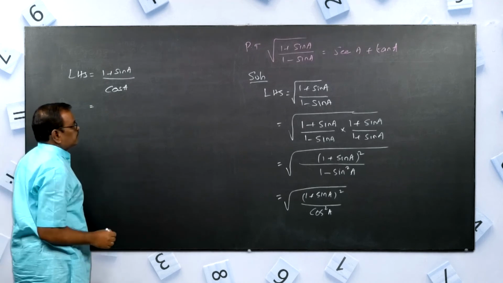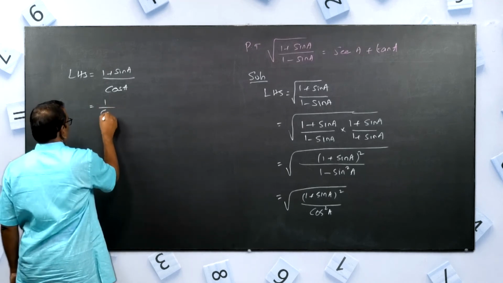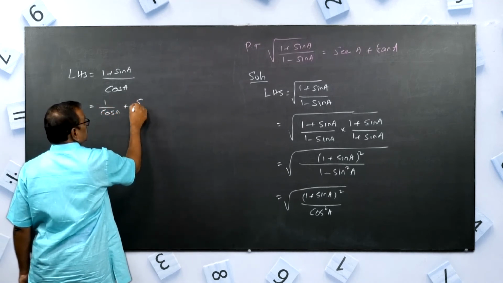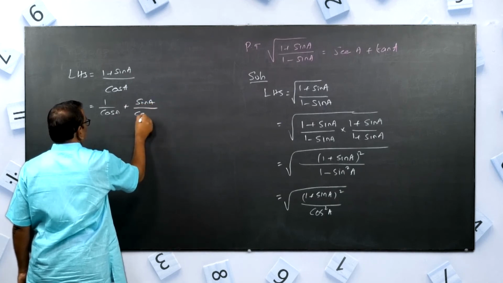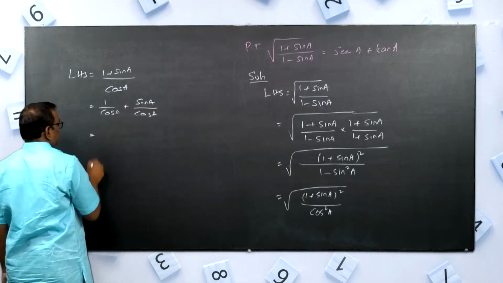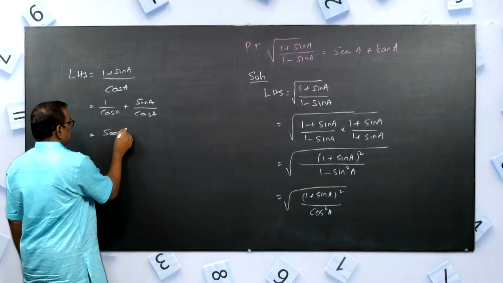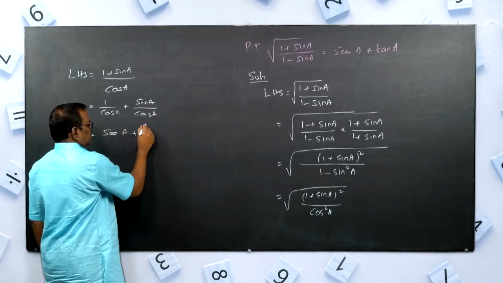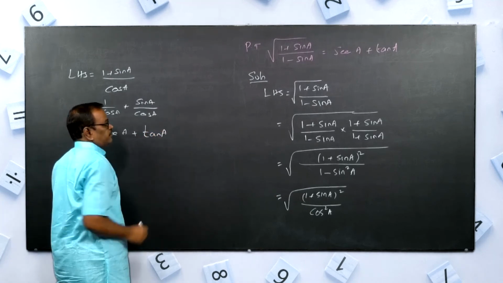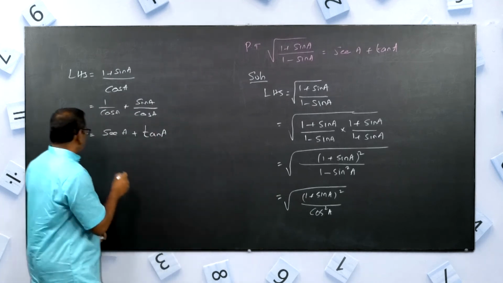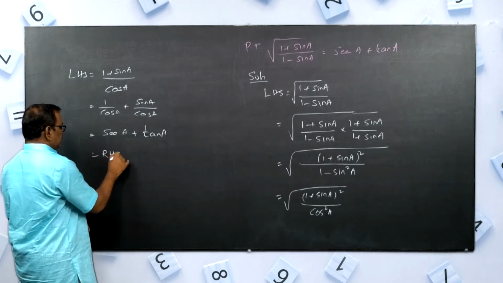Split into two terms: 1 by cos A plus sin A by cos A. So what is 1 by cos A? The reciprocal of cos A. Yes, secant A, plus sin by cos, tan A. So what is the concept which is equal to the RHS?